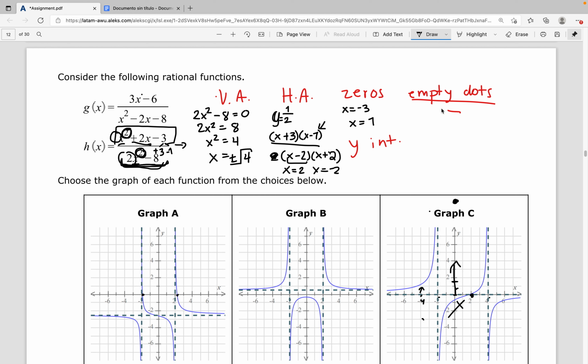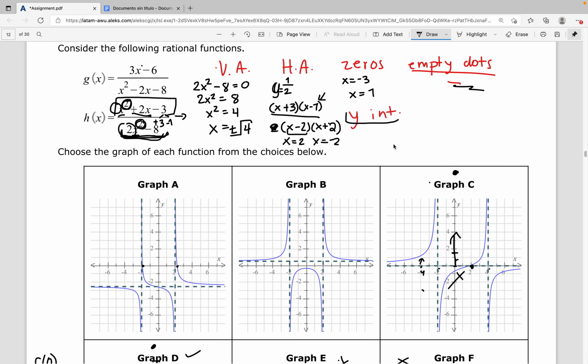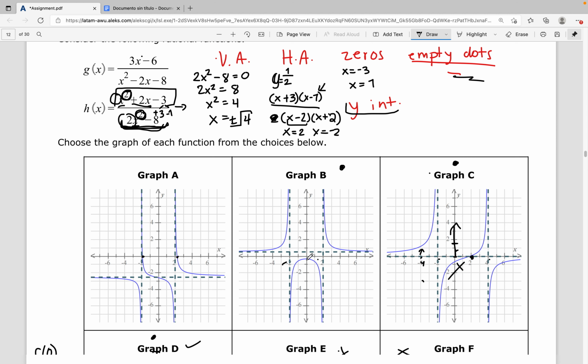Okay, so now we know that there's no empty dots, and we'll see if we actually need this or any other value, okay? I would recommend not to do it until you see that you need it, okay? So we know we have two vertical asymptotes, which are 2 and negative 2. So here we have 1, which could be an option, because also the horizontal is at half.